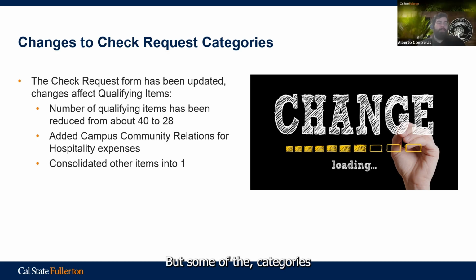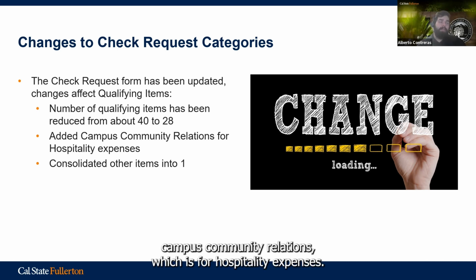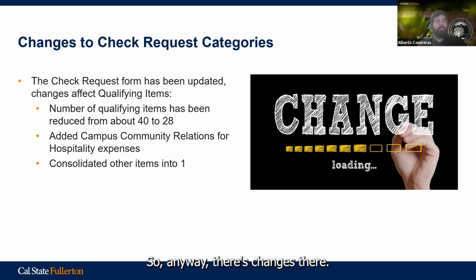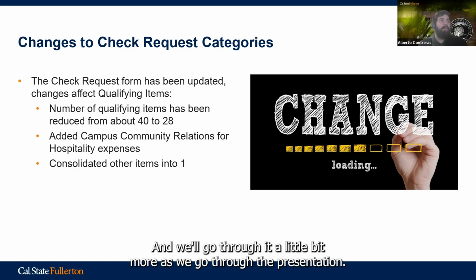But some of the categories we added were campus community relations, which is for hospitality expenses. And then we consolidated various items into one since they were sort of along the same line. Anyway, there's changes there. So please check it out, and we'll go through it a little bit more as we go through the presentation.